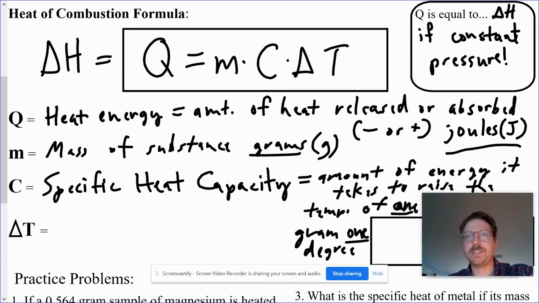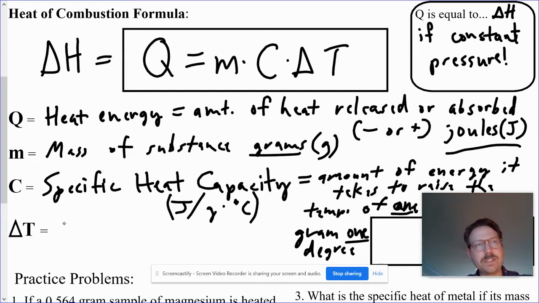And so we measure this as, again, it's the amount of energy, so it's joules, J, divided by 1 gram times 1 degree Celsius. So this is the unit. The last one is delta T, which is how much did that particular substance change in temperature?